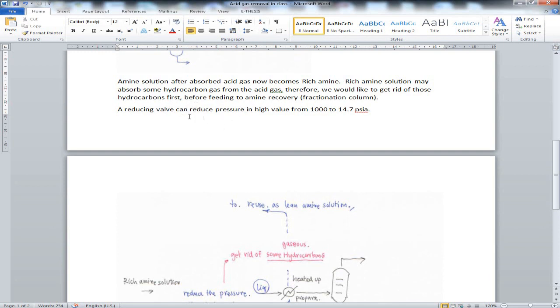This can reduce the pressure down to the point we want. So in this case, I just want a very big reducing valve, with a high pressure difference from 1000 psi down to 1 atm.